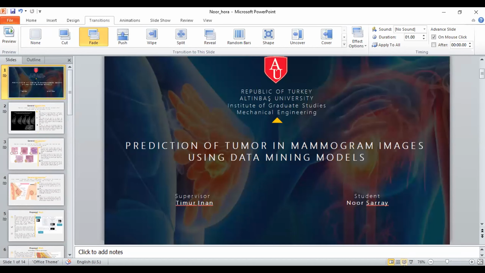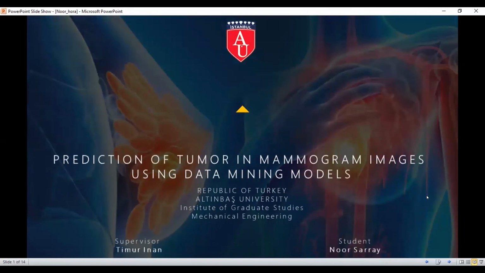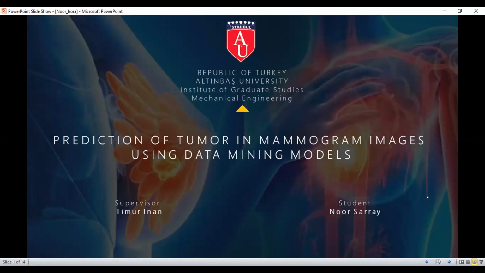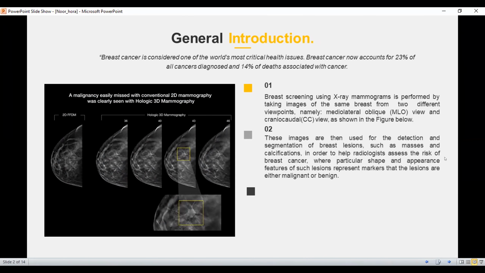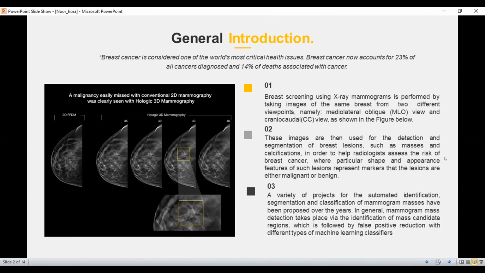You can start. The name of my project is Prediction of Tumor in Mammogram Image Using a Data Mining Model. Breast cancer is considered one of the world's most critical health issues. Breast cancer now accounts for 23% of all cancer diagnoses and 14% of deaths associated with cancer.